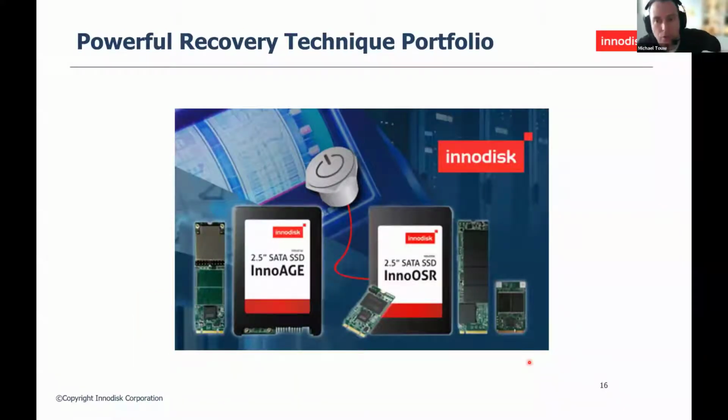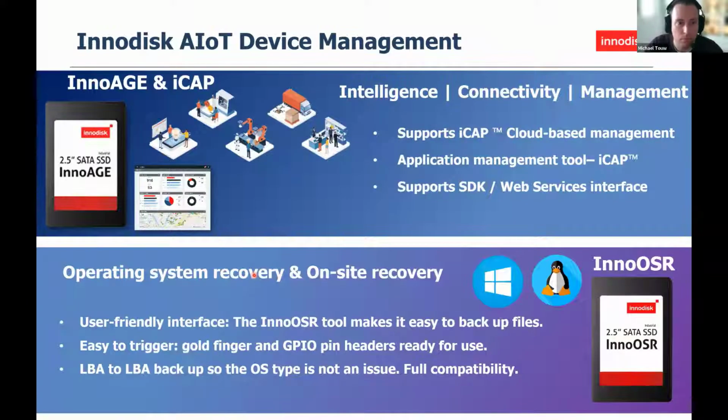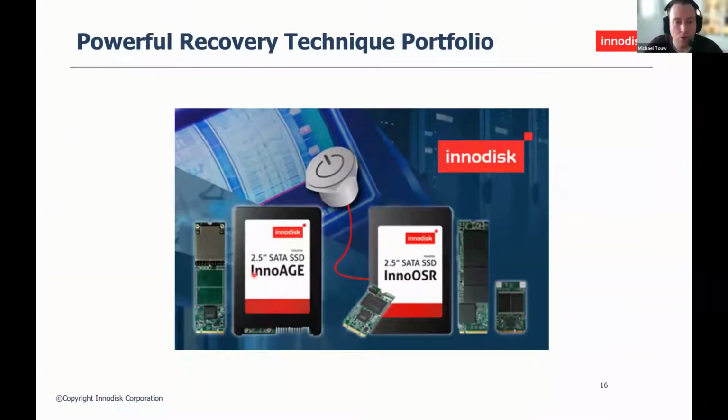We have two solutions. One is called InnoH. This is a disk that is workable in the cloud. So let's say, for example, you need Microsoft Azure or Amazon Web Services, and then this device can be visible and maintained via the cloud. And InnoOSR is a local solution.